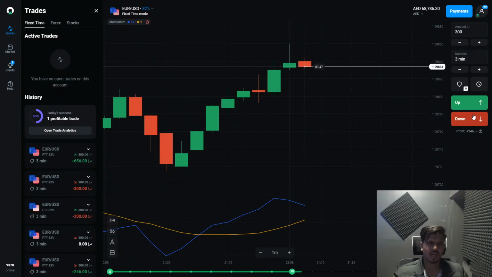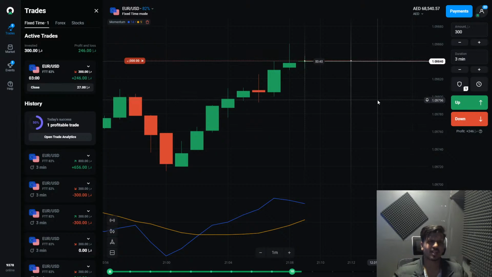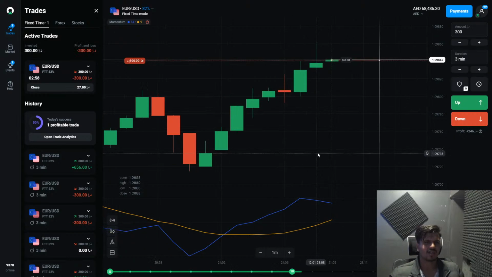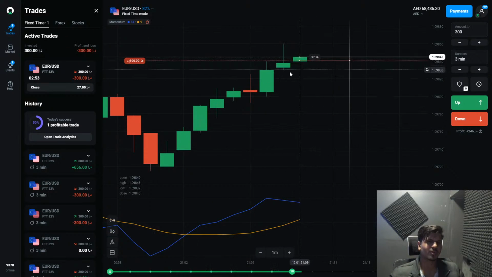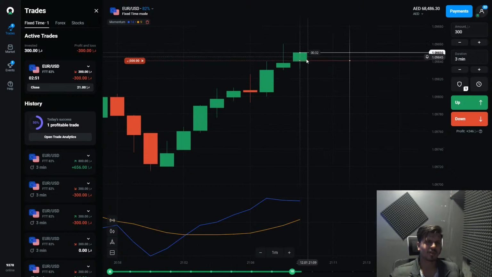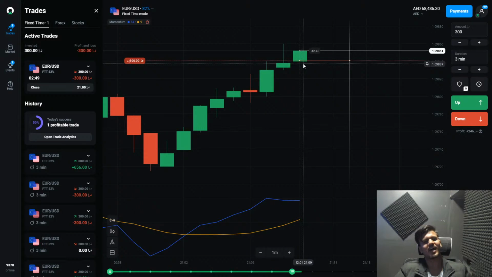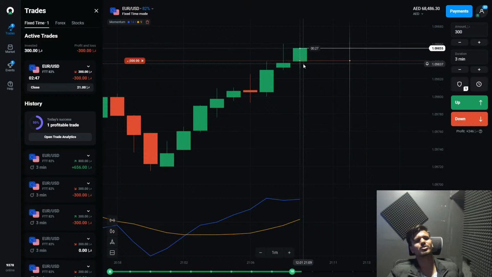It's still moving to the up, as you can see here, going upward. Let's make the down trade and let's see the result. We are waiting because it's going too much above, and it's still going to the above. Let's see the 3 minutes where the direction will move. Both the directions are going to the upward, as you can see here.